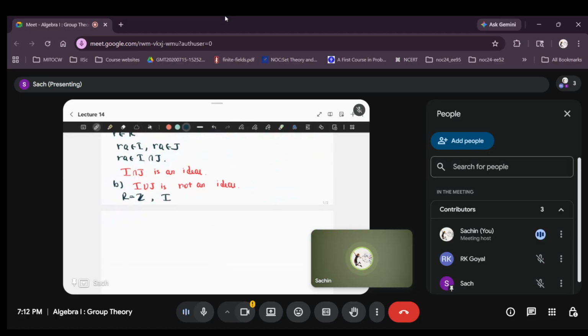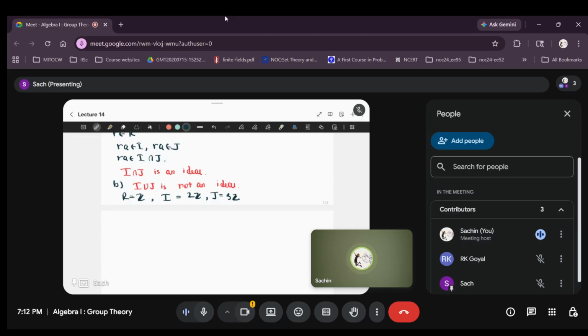Then all ideals are of the form nZ, where n is a non-negative number, that we saw in one of the previous classes. So consider I equal to 2Z, J equal to 3Z. I is all multiples of 2, J is all multiples of 3.